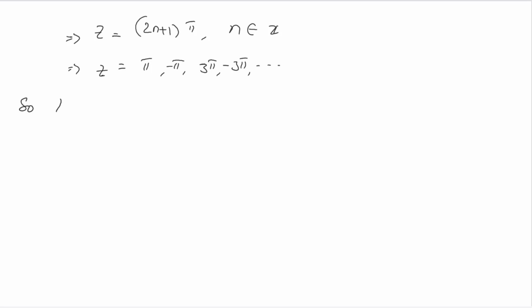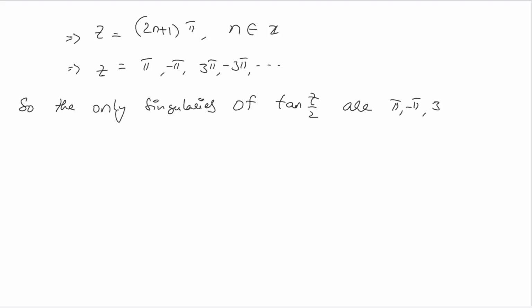So the only singularities of tan z divided by 2 are pi, minus pi, 3 pi, minus 3 pi, and so on.